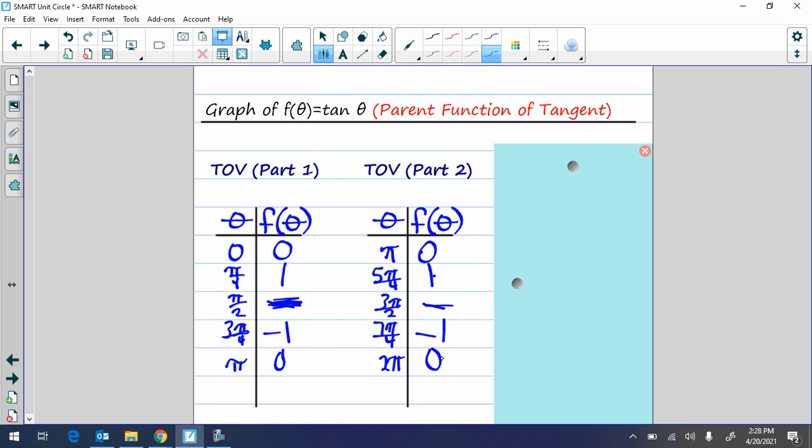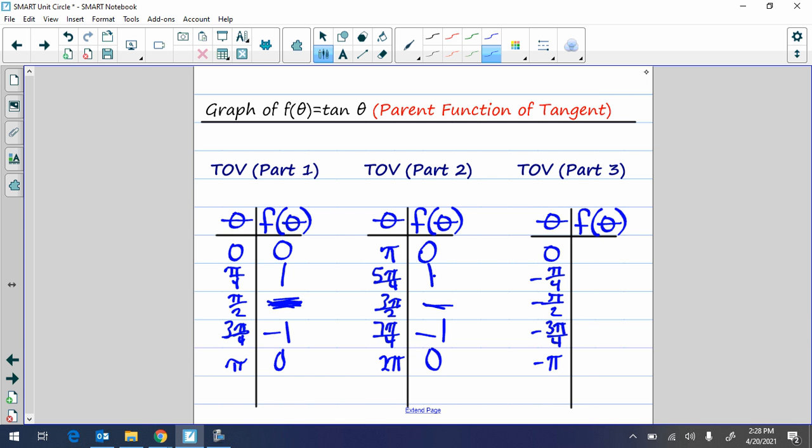Okay, and then I'm going to go backwards on my unit circle. I'm going to go clockwise this time, starting at 0, which we already said was 0. And this time I'm going to go backwards: -pi over 4, -pi over 2, -3 pi over 4, -pi.